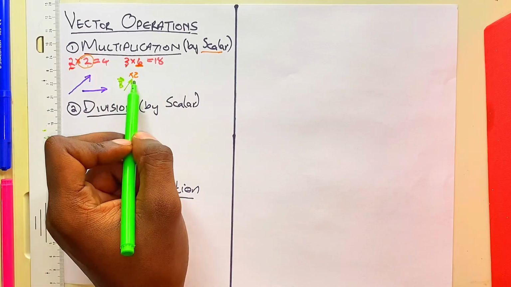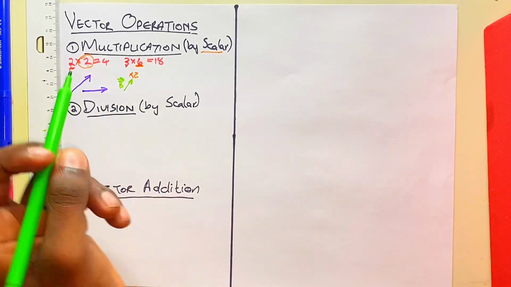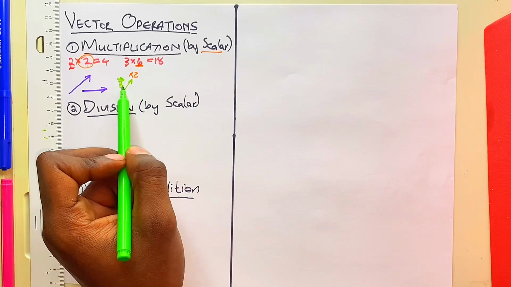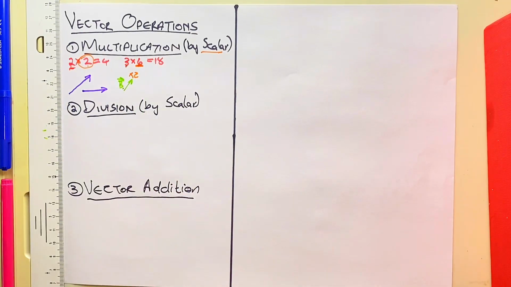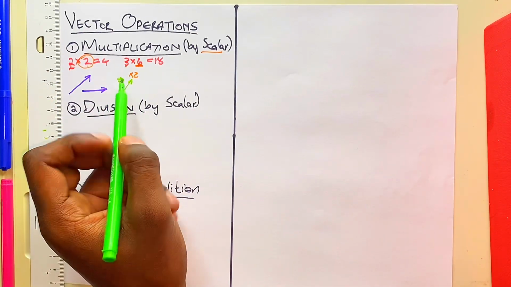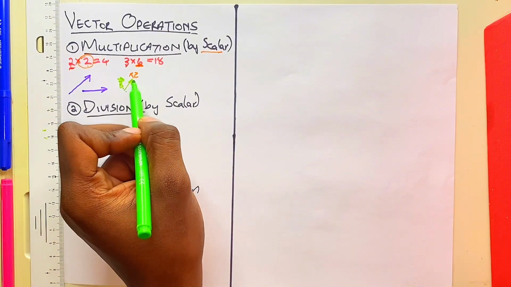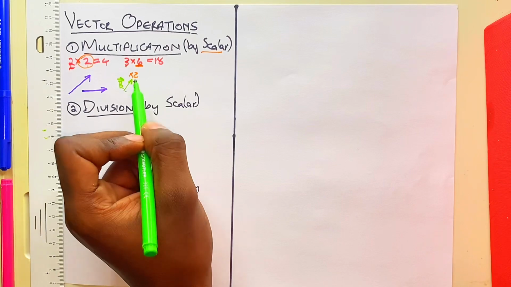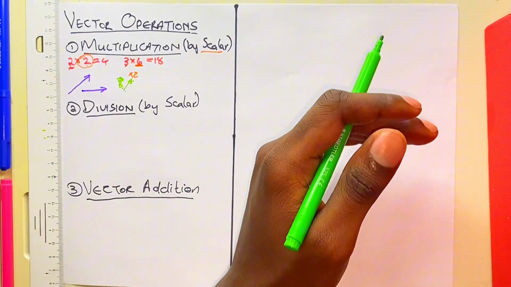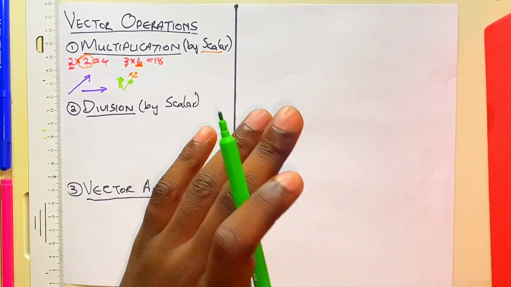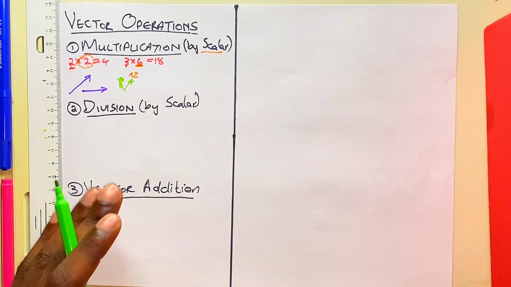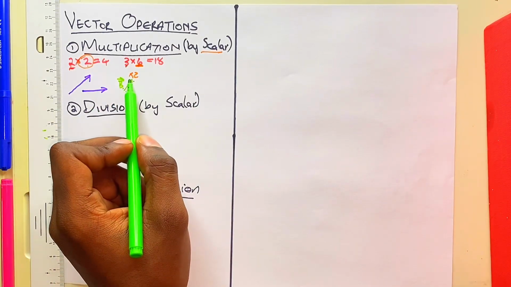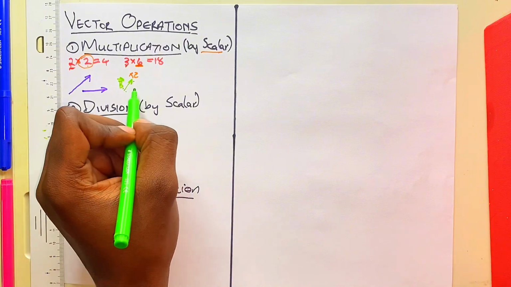We are also going to have 2 b's, which means that we increase it by the factor that we are multiplying it by. So this b will now be twice this length because we multiplied it by 2. But it will not change direction because a scalar is just a magnitude, so it does not have an effect on the direction.